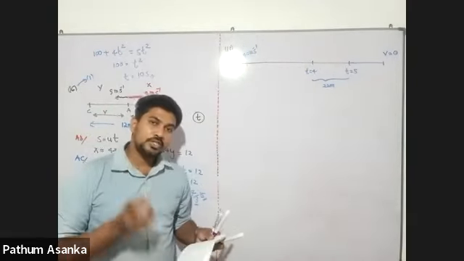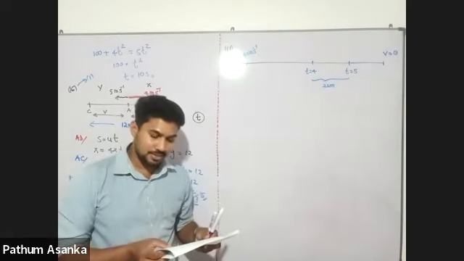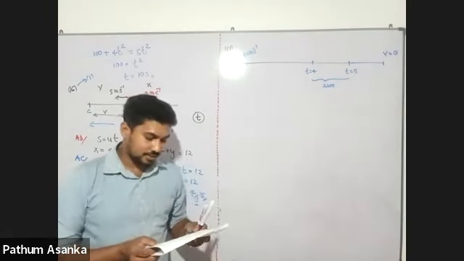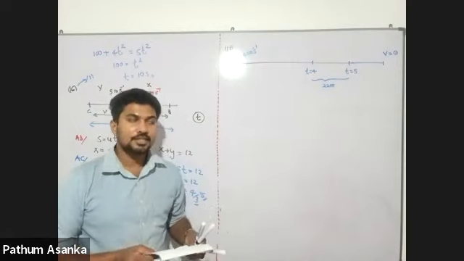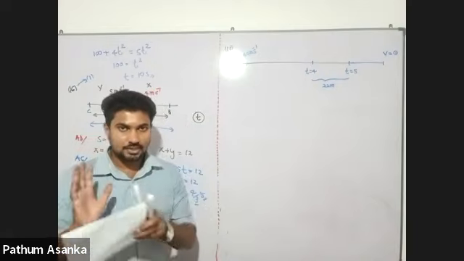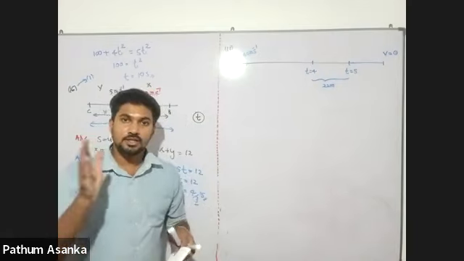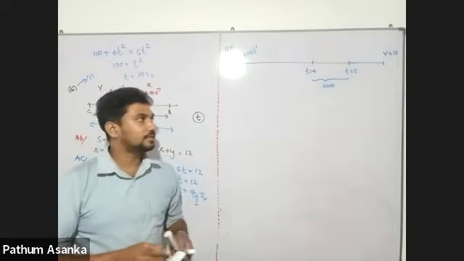In this question, they mentioned that the train travels a distance of 22 meters in the fifth second after applying the brakes, right? So the fifth second means the time interval between 4 seconds and the fifth second, right?